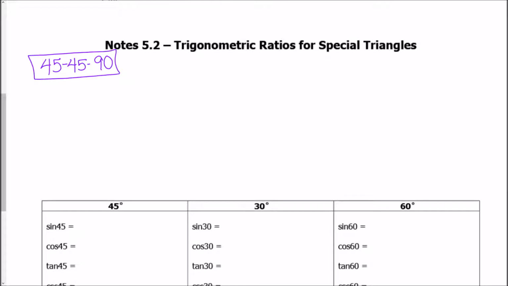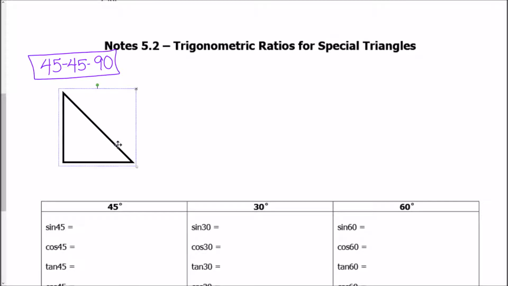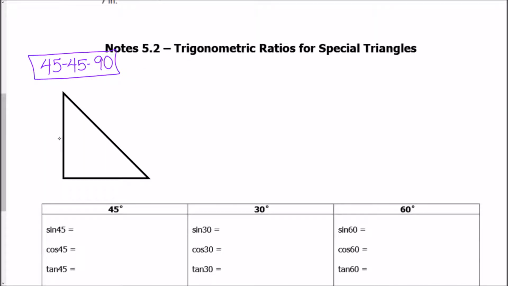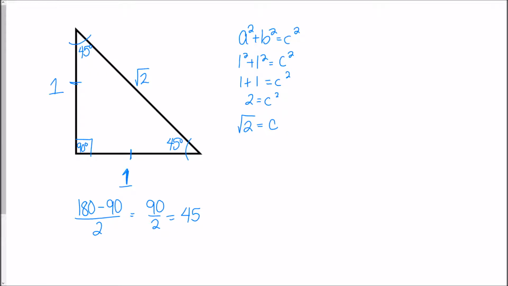So I'm going to draw my right triangle right here, where two of my sides are going to be congruent to each other. So we will put right here that this is congruent to this. It's a right angle. We said that this side is 1, this side is 1, and this side is root 2.